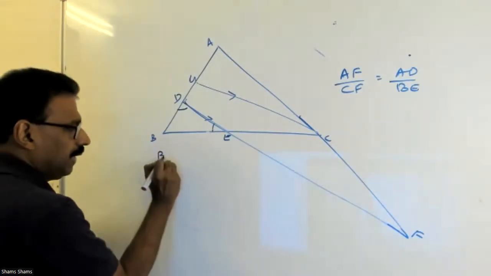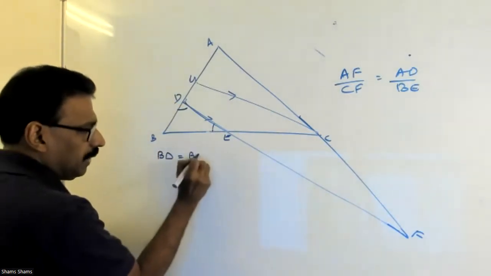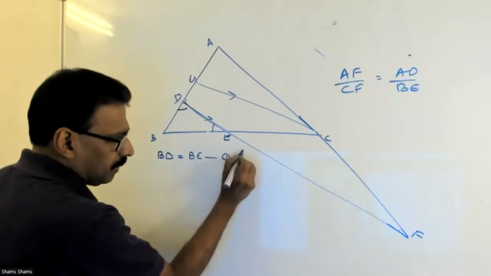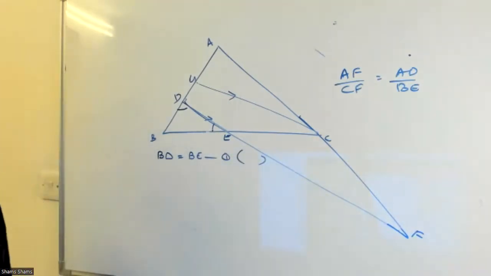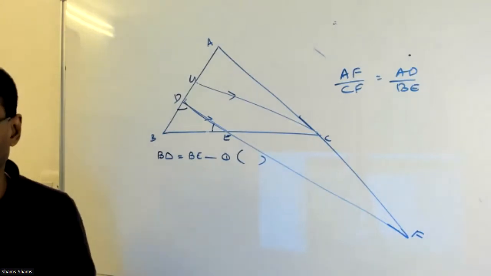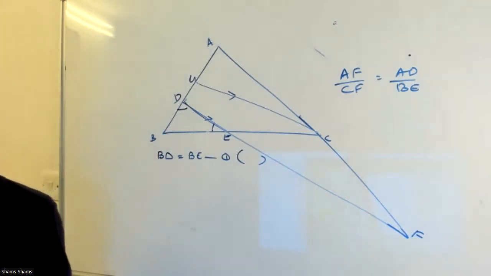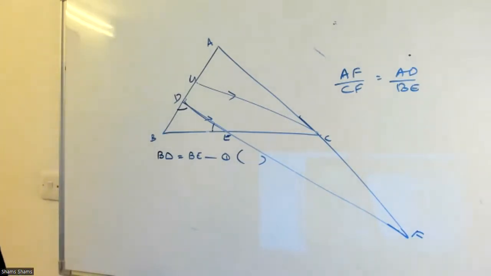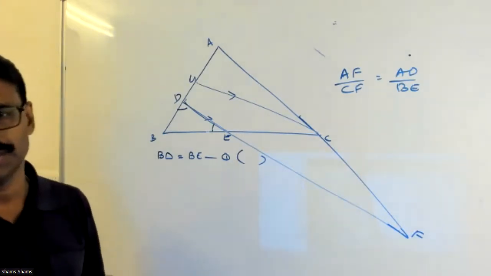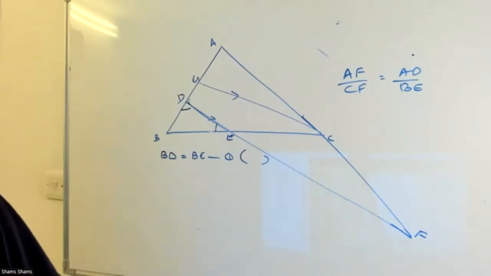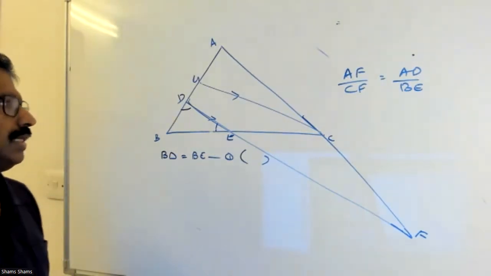Therefore, BD equals BE. Number one. Reason: sides opposite to equal angles are equal. Right or no? Yes, sides opposite to equal angles are equal.